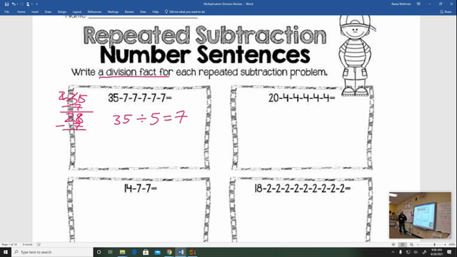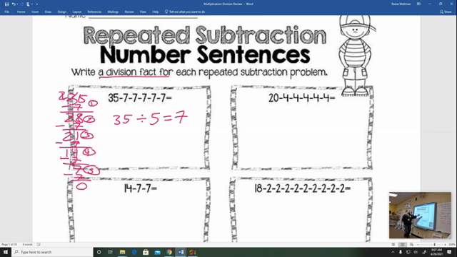What's 28 minus 7? Jack? 21. And what's 21 minus 7? Nick? 14. Jed, what's 14 minus 7? 7. And what's 7 minus 7, everybody? 0. Now we had 1, 2, 3, 4, 5. 5 steps. It worked.